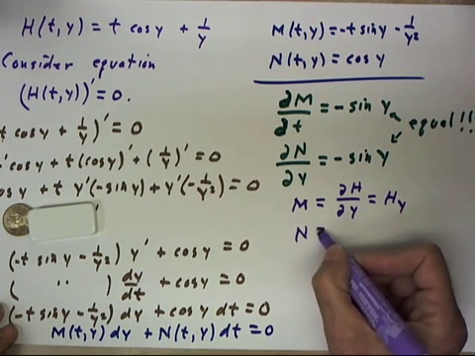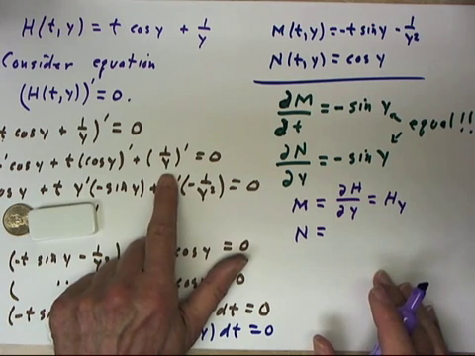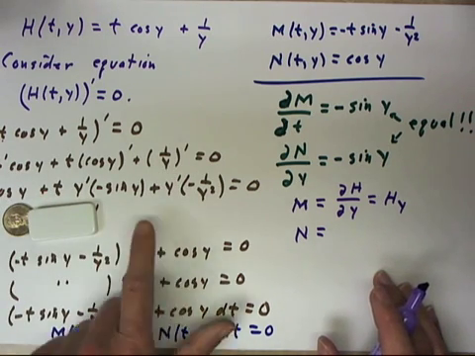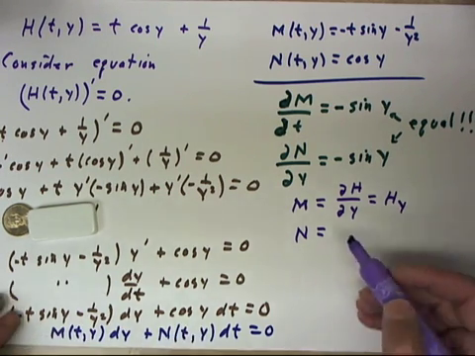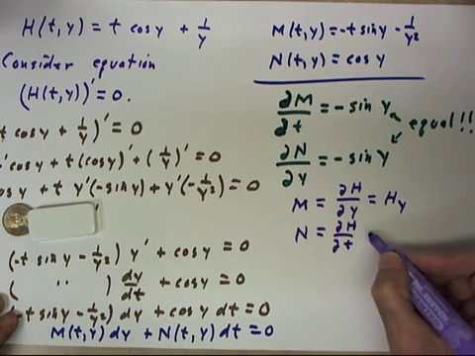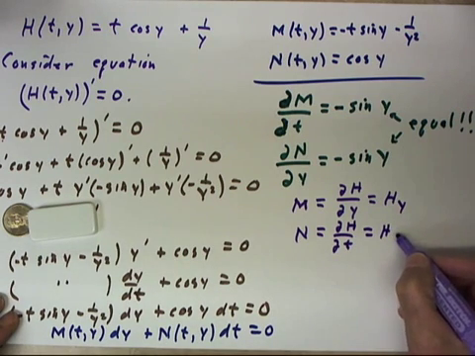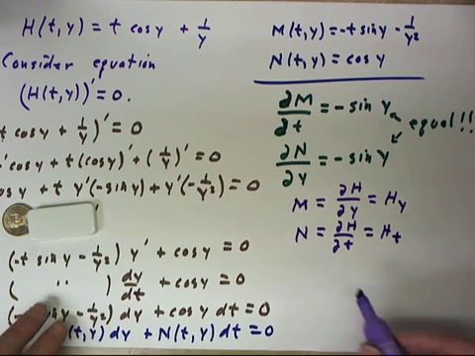And n, what is n? Well, n is obtained when we multiply through by dt, and it turns out that n is the partial of h with respect to t, which is h sub t, written in slightly shorter notation.